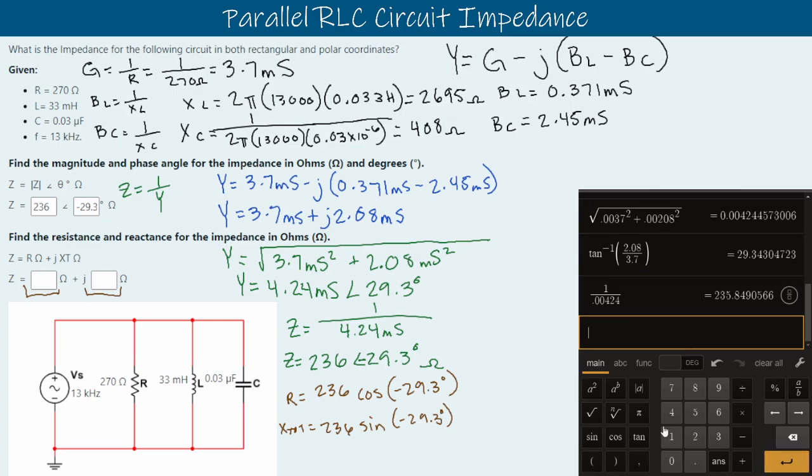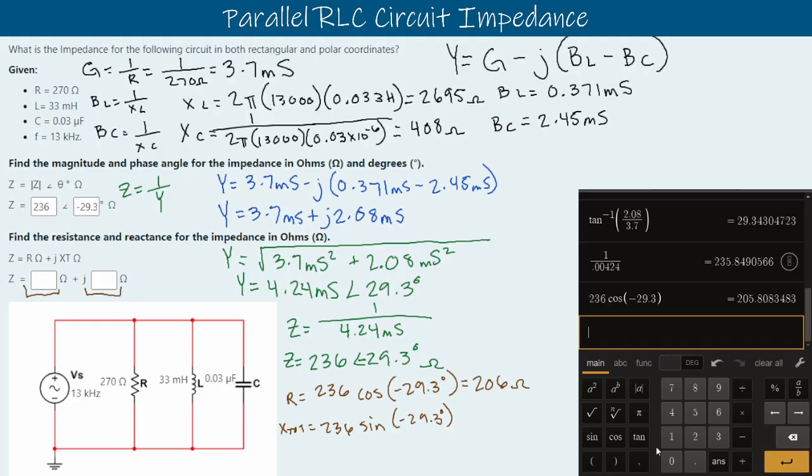We'll plug those in here. Say that we have 236 cosine of negative 29.3, 205.8. We'll go 206 on that one, so 206, that's our ohmic value.